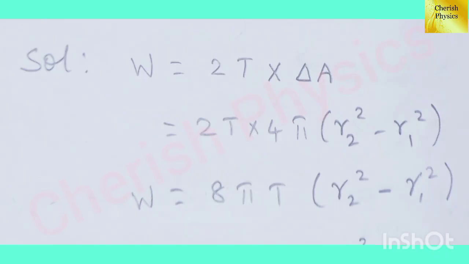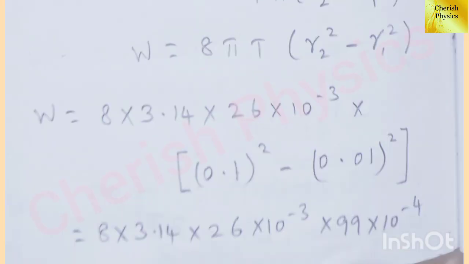Hence, the change in surface area delta A is equal to 4 pi into R2 squared minus R1 squared. Hence, the work done in expanding a soap bubble W equal to 8 pi T into R2 squared minus R1 squared. Substitute the values, and on simplifying the bracket term, we get 99 into 10 to the power minus 4.